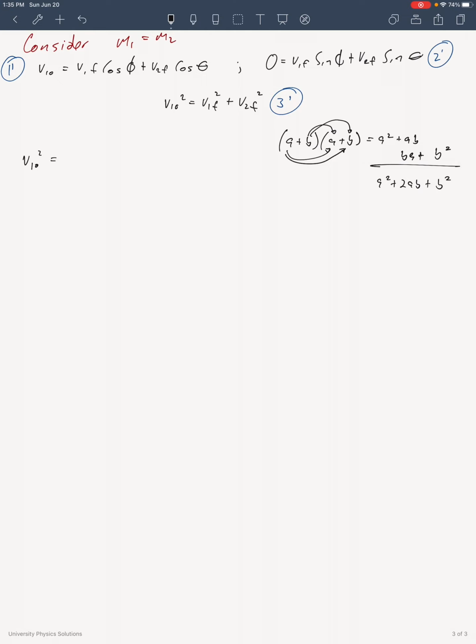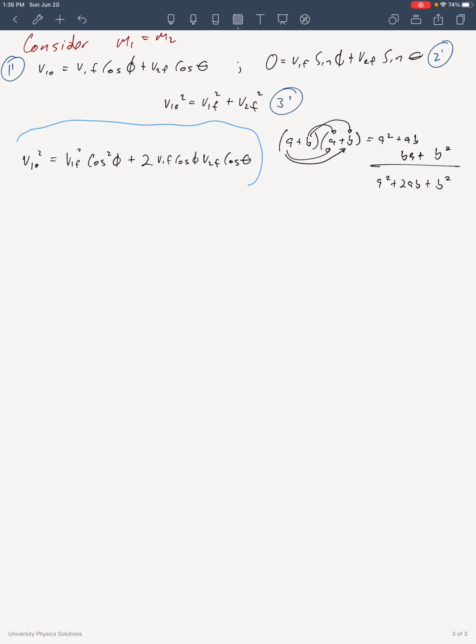So using that same process, for my equation 1, I'll get B1 final cosine phi squared plus 2 times the cross term, plus 2 B1f cosine phi V2f cosine theta.